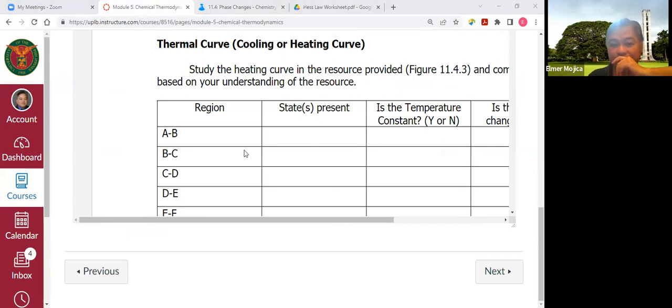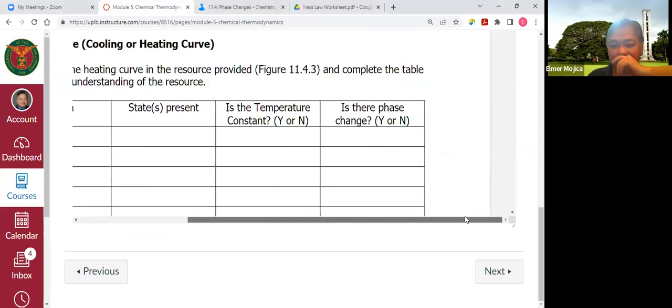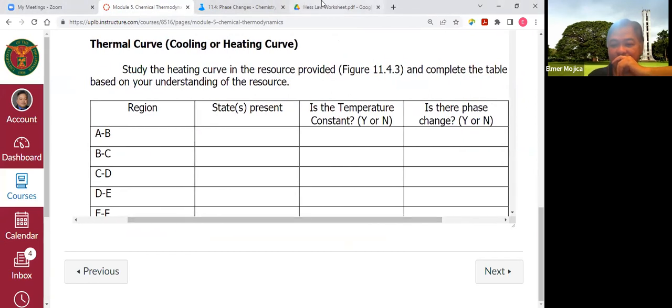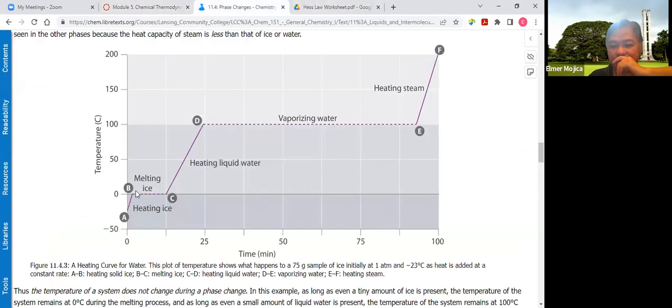The temperature is not constant. Now, is there a phase change at A and B? The answer is no, because it's solid. Do you follow? Yes po, sir. Okay.